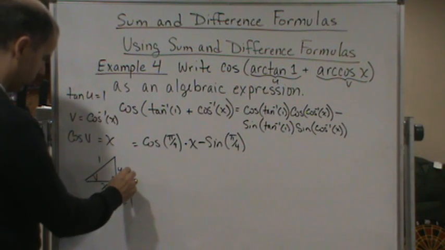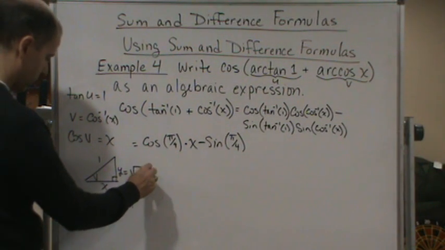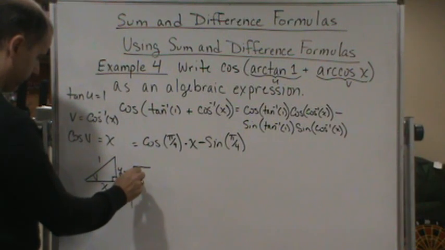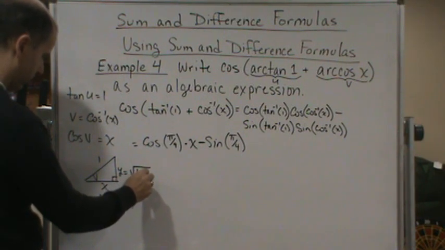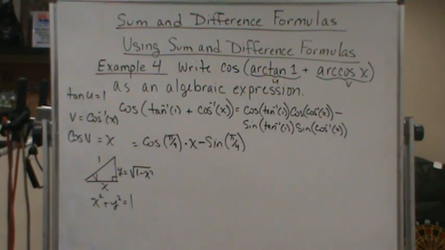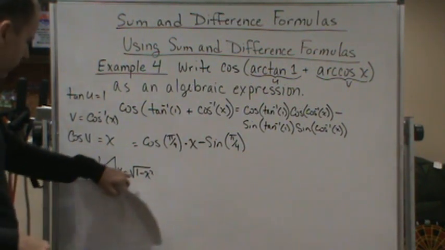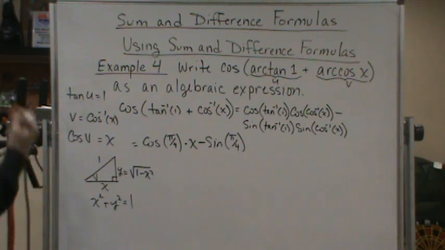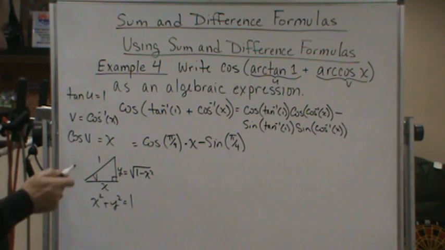So y equals the square root of 1 minus x squared. Okay, so that missing side is the square root of 1 minus x squared. So now that we've got all three sides, let's plug this in.